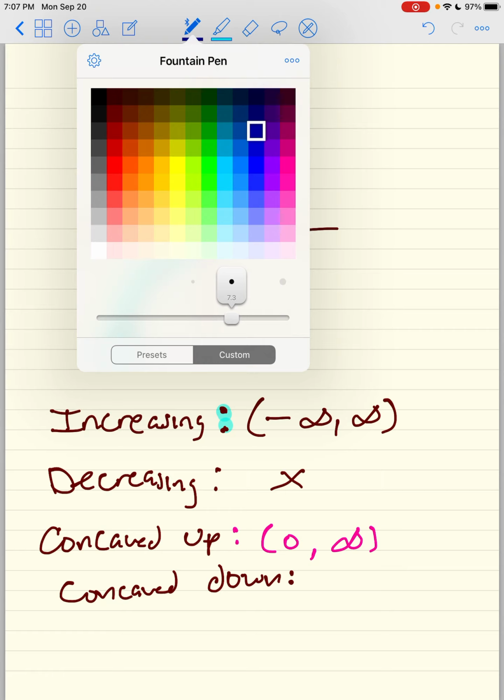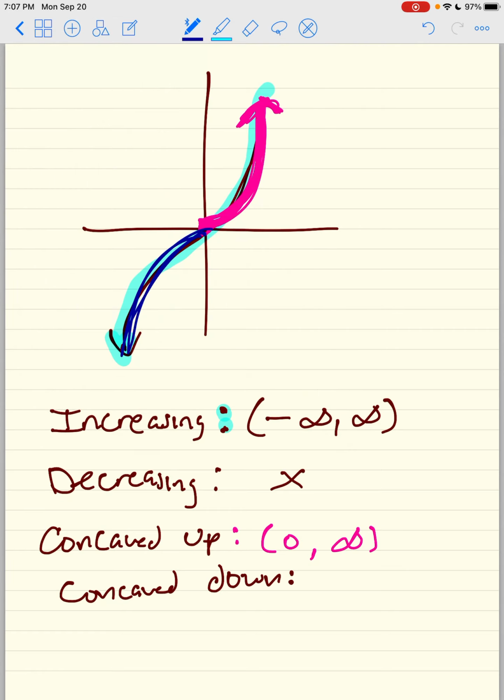And this is concave down, which is a sad face. Concave down from negative infinity to 0. Wherever it switches concavity, that's your point of inflection. So because it switches at (0, 0), that's your point of inflection. And so that's how you do all those problems, okay?